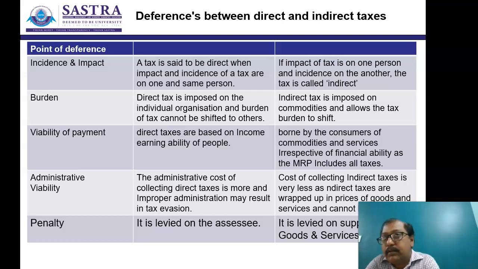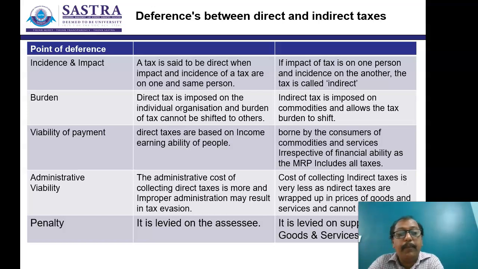The consumer pays it to the seller or the service provider, and the service provider pays it to the government. So shifting happens in case of the indirect tax system.